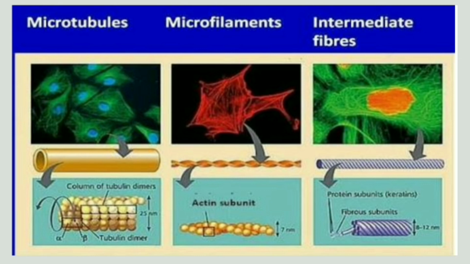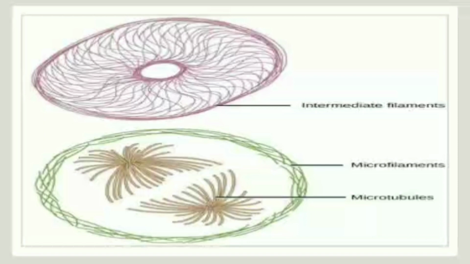The last fiber that we have discussed is the intermediate fiber. The intermediate fiber is made up of protein, and this protein may be of different types, and based on the type they are classified into several. So this is how a cytoskeleton is arranged within a cell.